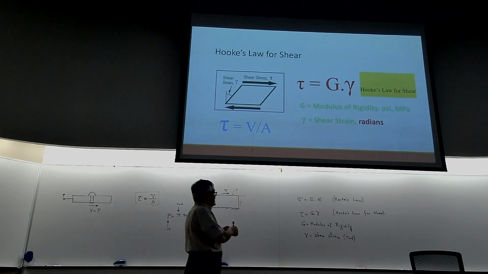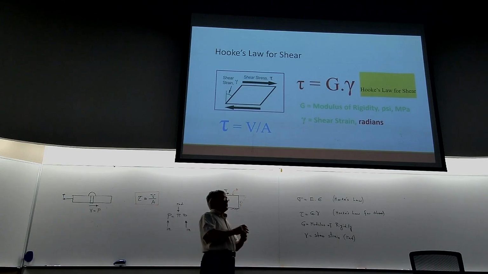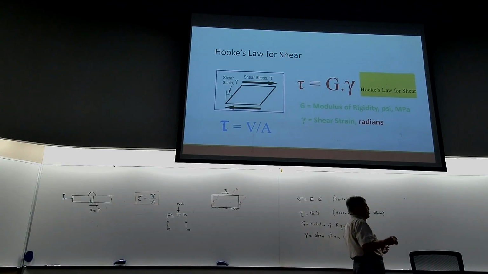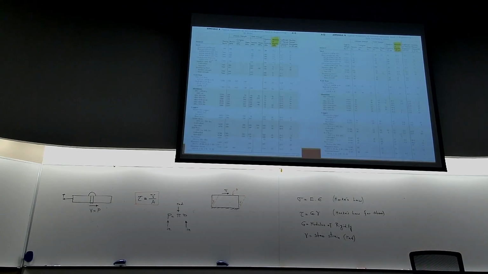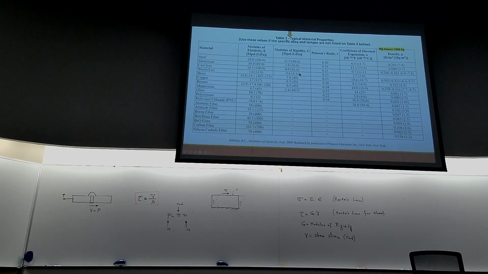Modulus of rigidity is the last material property that you have to deal with. It's another column in the same tables you've seen before. I have highlighted those here. These are again tables from your book, modulus of rigidity G in gigapascal. This is in PSI. If you use this table from a different book, then modulus of rigidity is shown here, in millions of PSI or billions of Pascal.